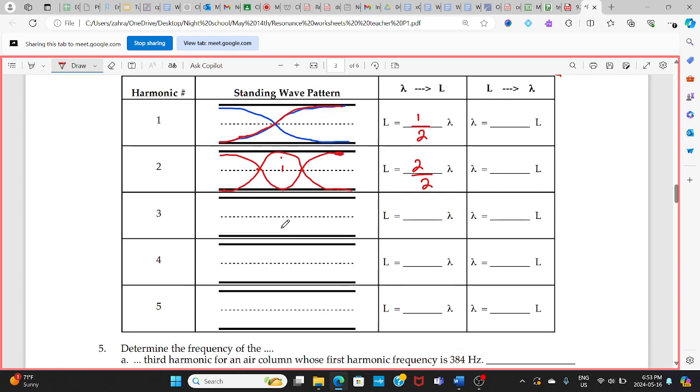So for the third one, I need to have 3 nodes here. So can anyone tell me how many wavelength is fitting here? Anyone?